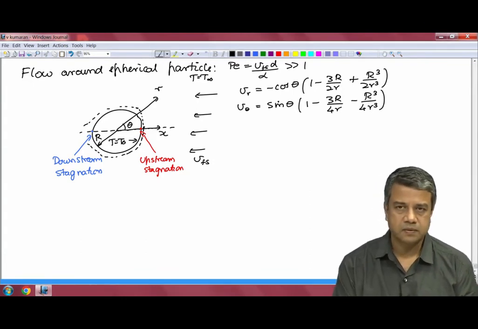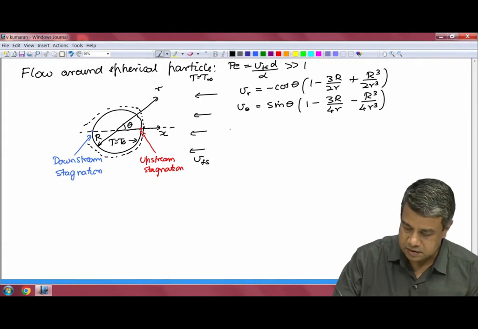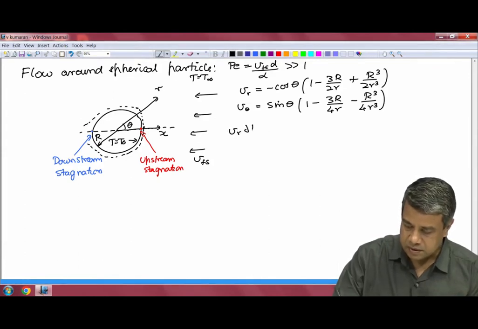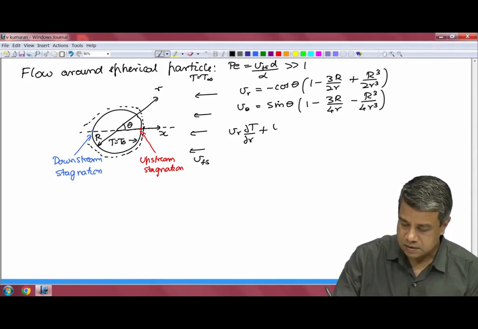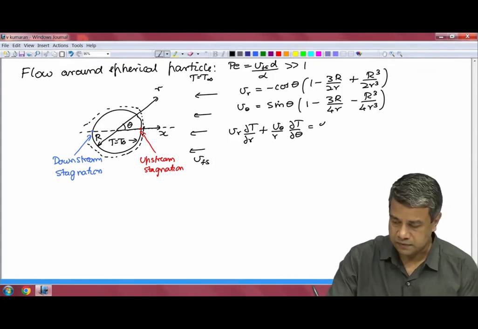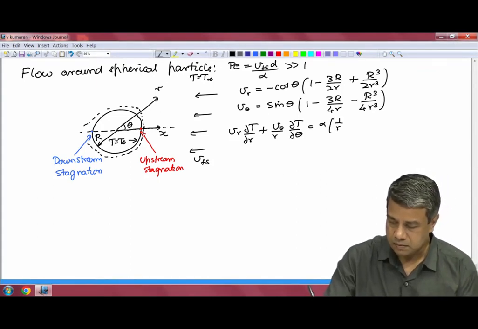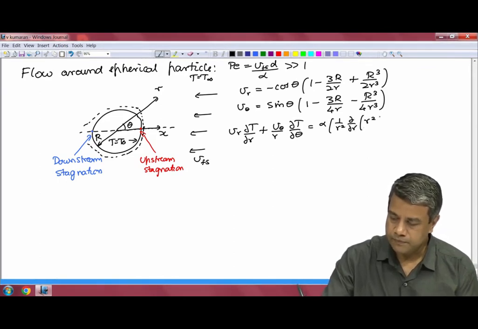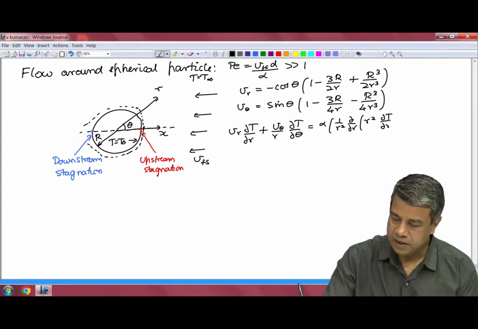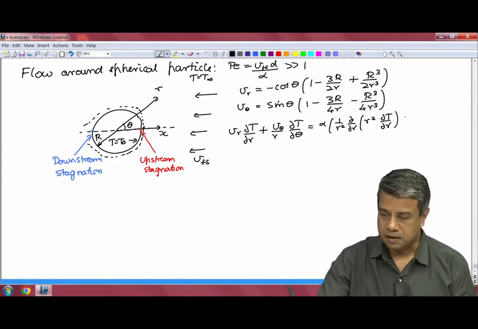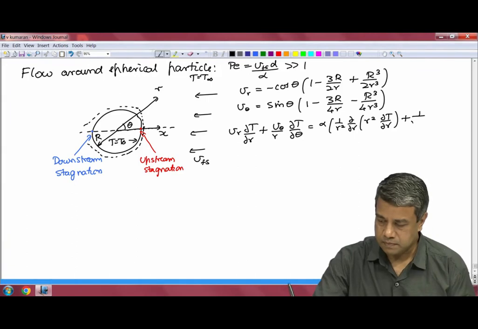And the conservation equation for the temperature is Vr partial T by partial r plus V theta by r partial T by partial theta is equal to alpha into the Laplacian in the spherical coordinate system.